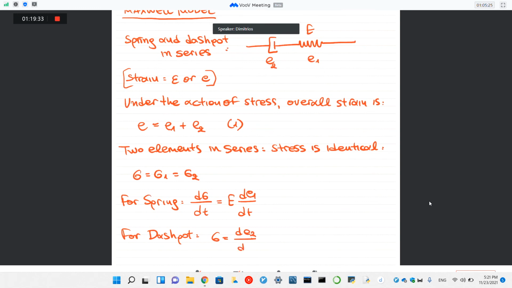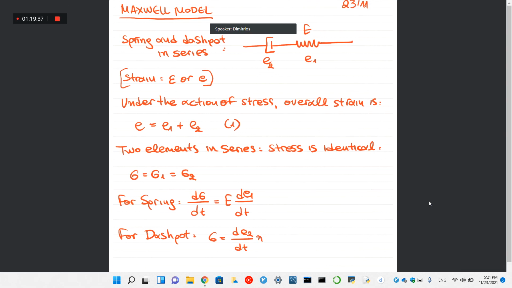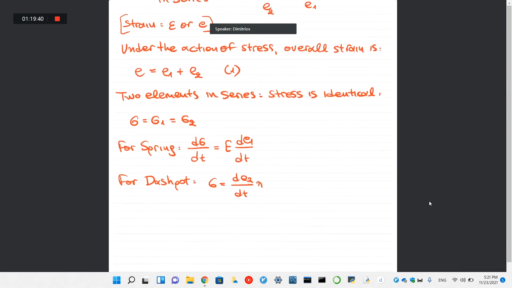Okay. Now, if we differentiate equation 1, what do we get? de over dt equals de1 over dt plus de2 over dt. And that gives us de over dt. de1 over dt from here, okay?